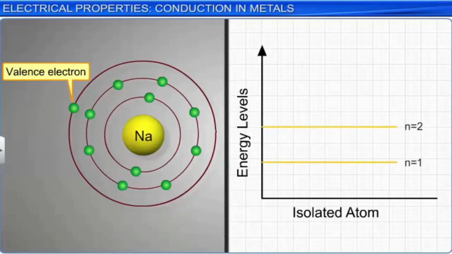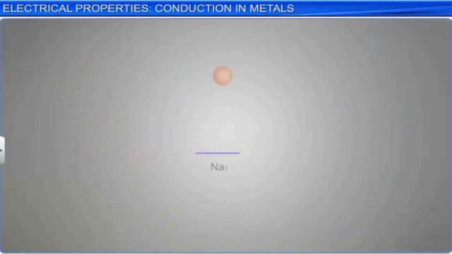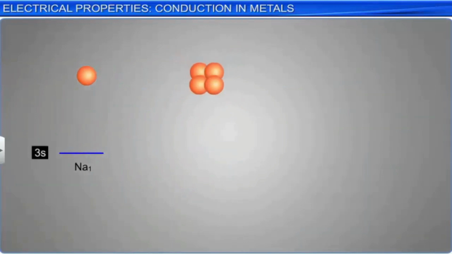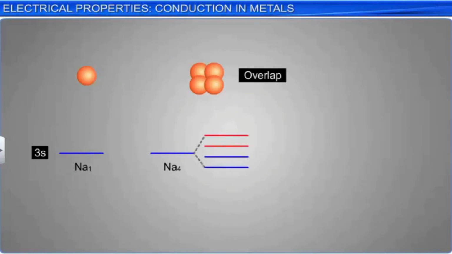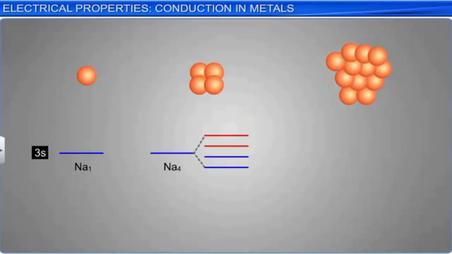When the atoms come close together, the overlap between their atomic orbitals results in the formation of molecular orbitals. When a large number of atoms come together to form a solid, the number of molecular orbitals becomes exceedingly large.